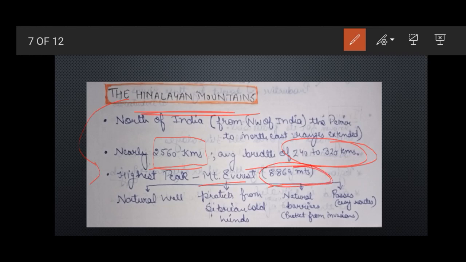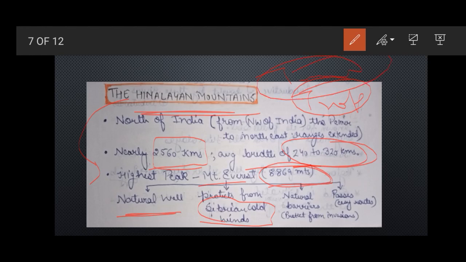The main feature of the Himalayas is that they are considered a natural wall. Why? Because they protect us from the extreme cold winds of Siberia. That's why India is considered a tropical country, not a temperate country.